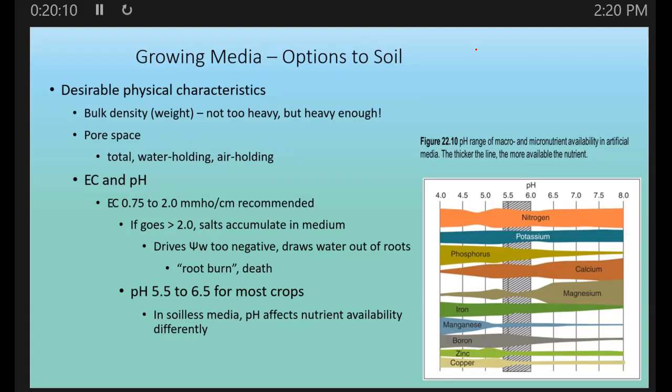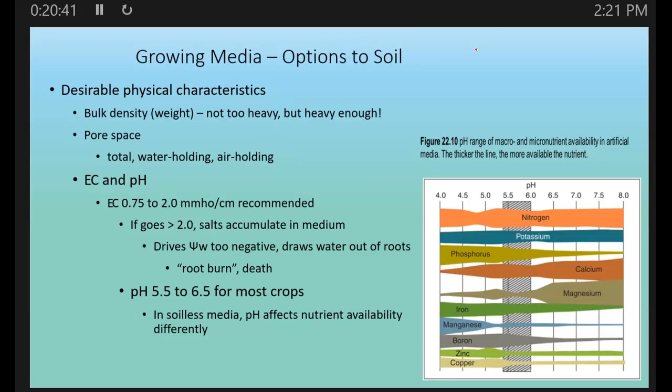If that shoots above 2, you might be dealing with salt buildup, which can be pretty bad, because it drives the water potential of that medium to negative. It can actually start drawing water out of the roots into the medium, which is the exact opposite of what you want. You want water going from the medium into the roots.